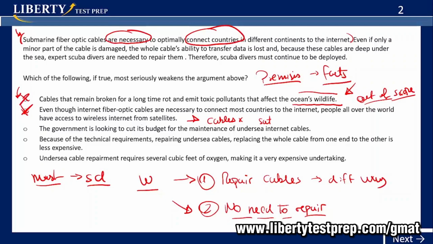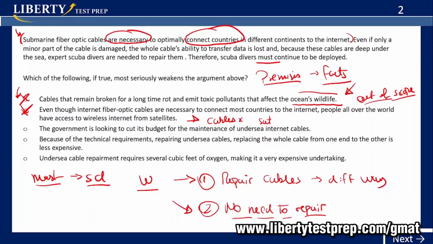Letter C, the government is looking to cut its budget for the maintenance of undersea internet cables. Okay, they're looking to cut their budget. Now, why does it matter? Because when they say scuba divers must continue, they're not saying it would be good if the scuba divers go and fix them, or it's going to be expensive, or it's going to be cheap to send the scuba divers.